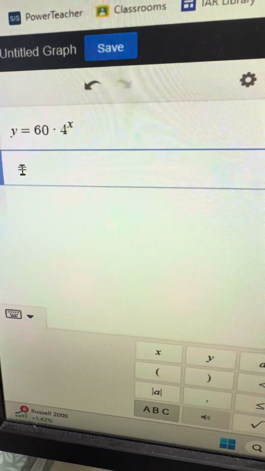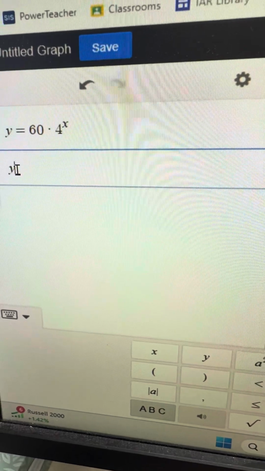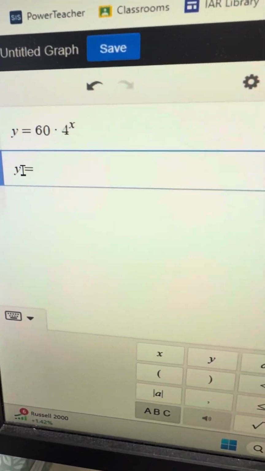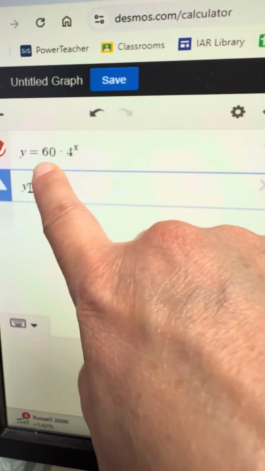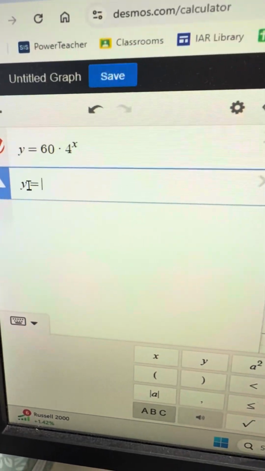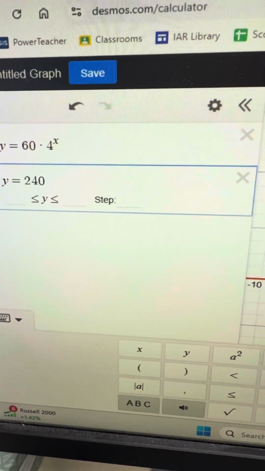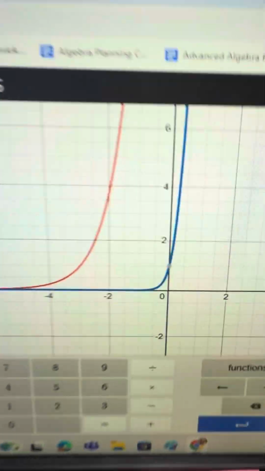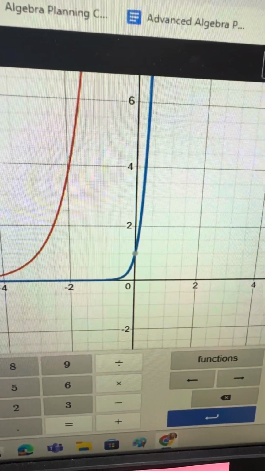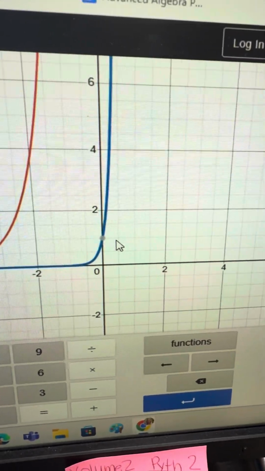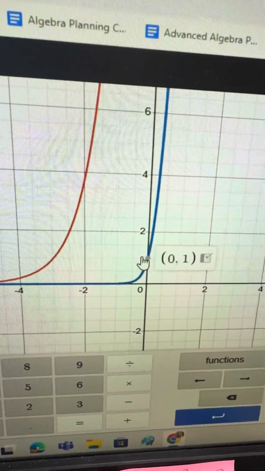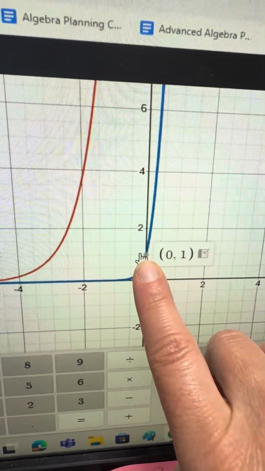Now I'm going to do the same thing, however in this case I'm going to do just the multiplication. The 2 numbers multiplied together would be 240 to the x power. I'm going to just show you how it looks. That's what it looks like. That blue line that you see is the difference. The reason why this is different is that this is saying that the y-intercept is 1.